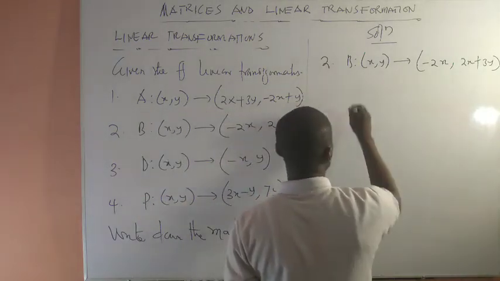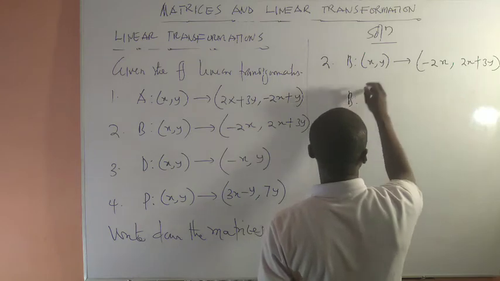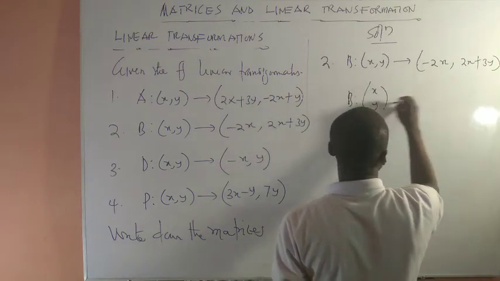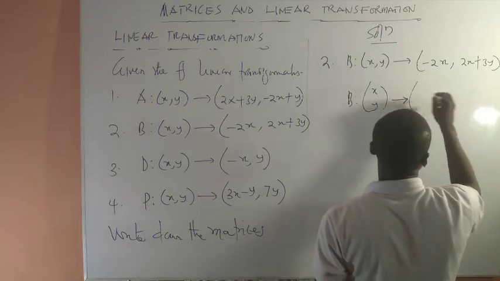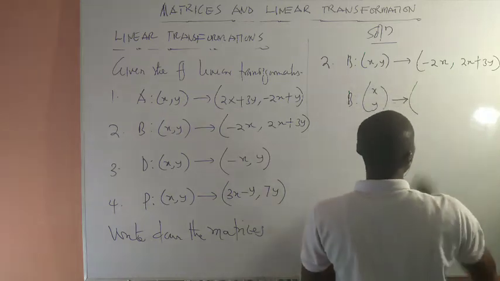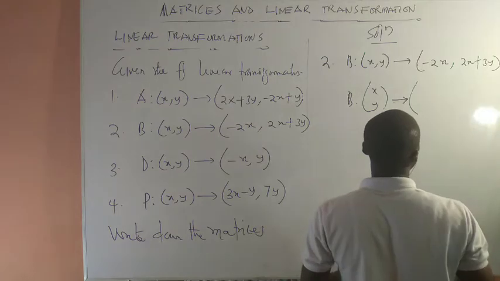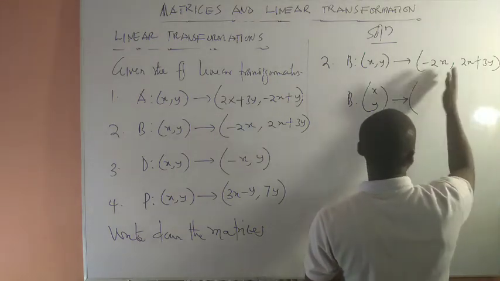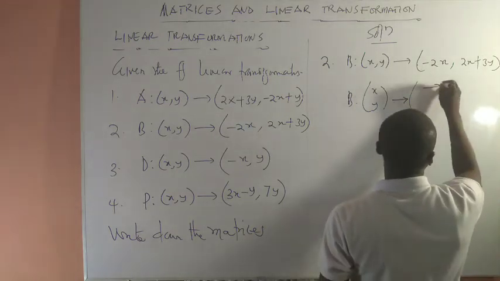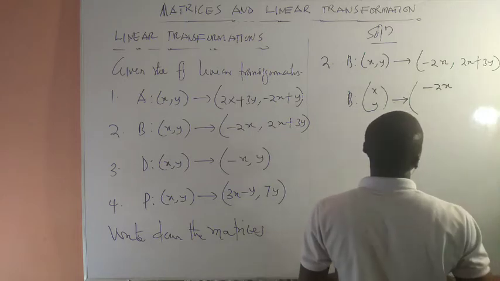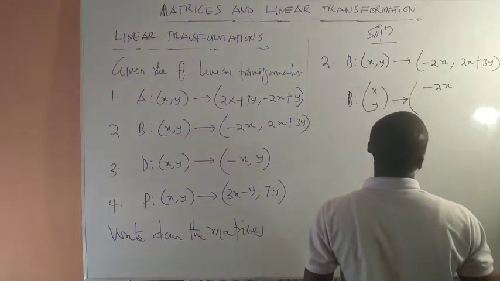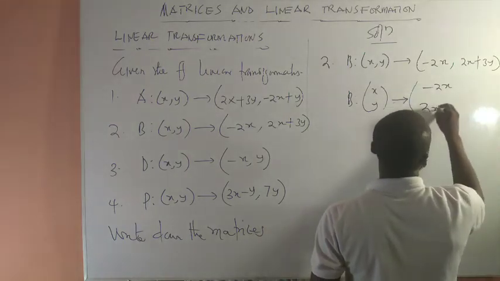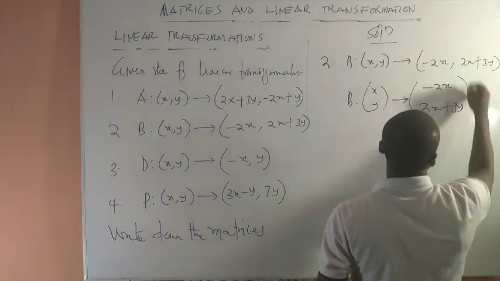So we know that B of (x, y), that's the linear transformation, maps to, and I told you that the comma separates the first row from the second row. Before the comma we have minus 2x, and after the comma we have 2x plus 3y.